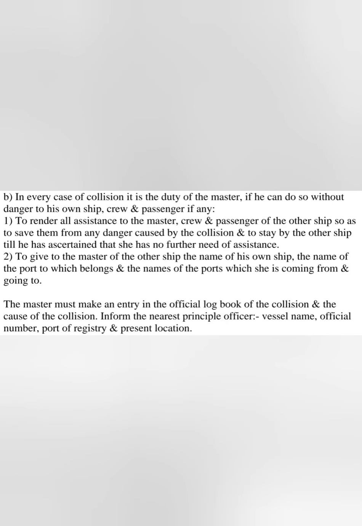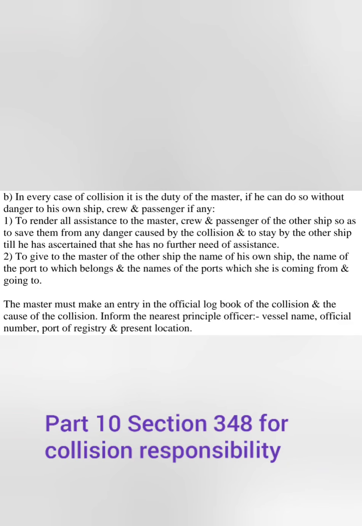Next is the master's obligation in case of a collision. In every case of collision, it is the duty of the master, if he can do so without danger to his own vessel, crew, and passengers, if any, to render all assistance to the master, crew, and passengers of the other ship so as to save them from any danger caused by the collision, and to stay by the other ship till he has ascertained she has no further need of assistance.